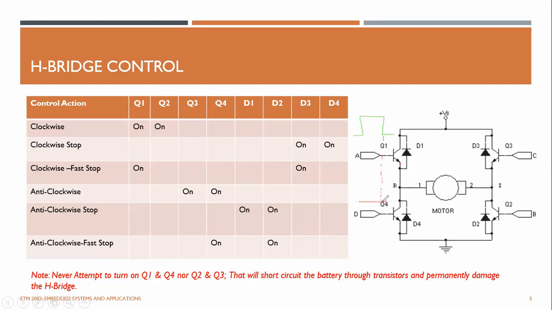But for safe operation, you keep some small delay and then turn on, right? Like this delay may be like 5 microseconds, or depending upon the speed of your PWM signal. If it is a fast signal, you can reduce this, but if it is a large signal, you can have some sort of very small gap between here.